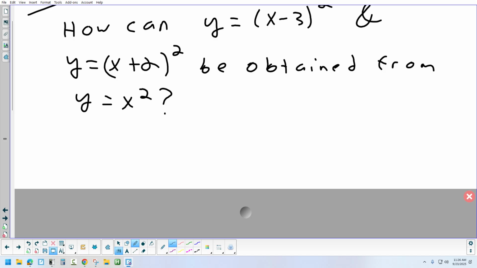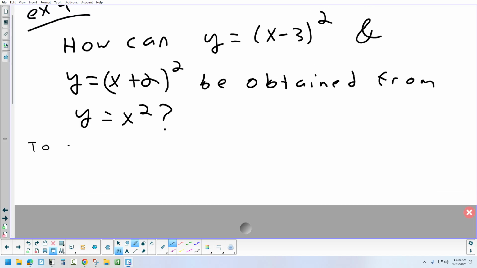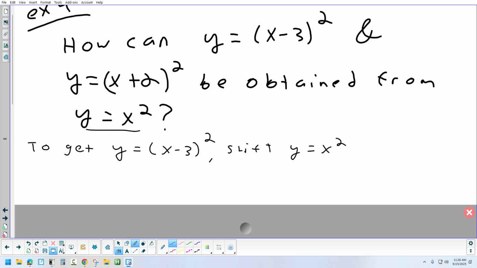So let's write that down. Okay, so to get y equals x minus 3 squared from the original, we're going to shift y equals x squared right 3. I always have to think about it.